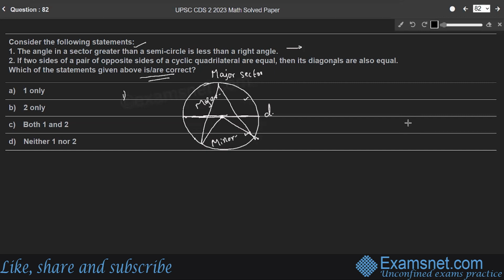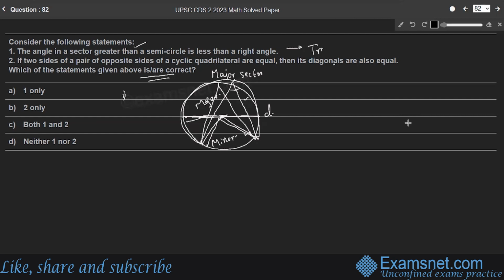Right. So we'll consider any angle in a major sector, right? So any angle you can consider. So angle in a sector greater than a semicircle. This major sector is this part, which I am showing. This is the major sector, which is greater than a semicircle. So it is less than a right angle. So the angle in the major sector is less than a right angle, which is true, right?